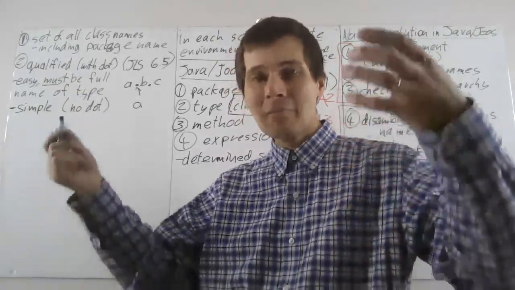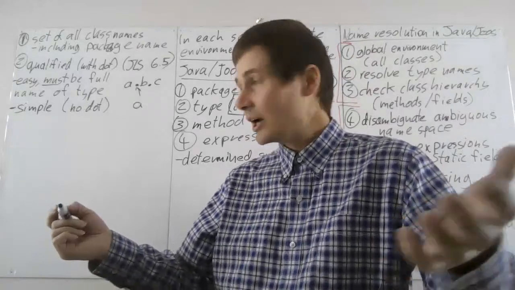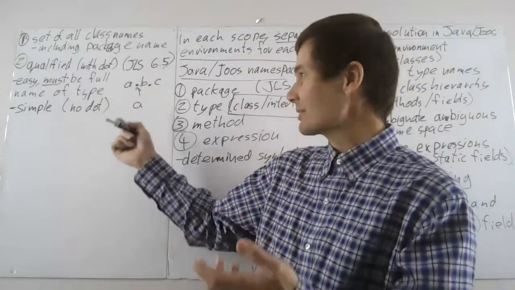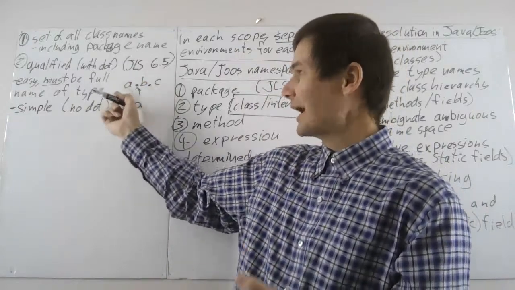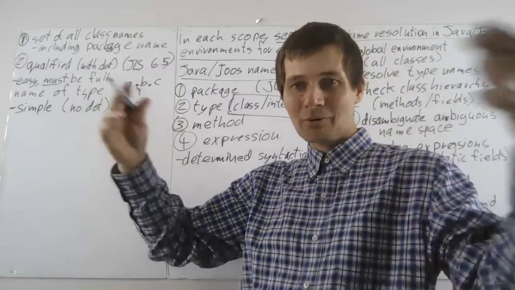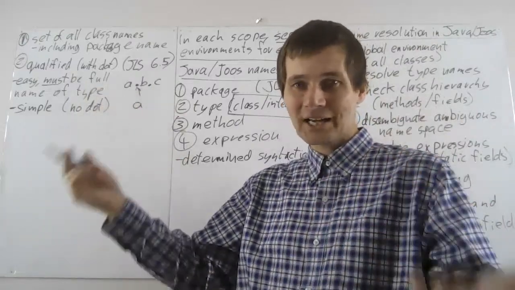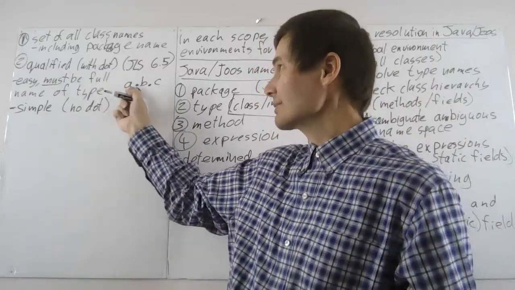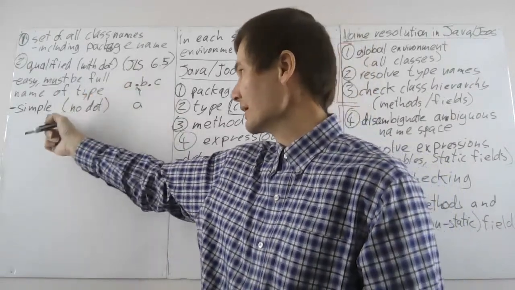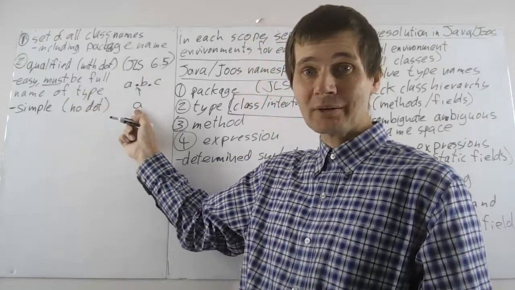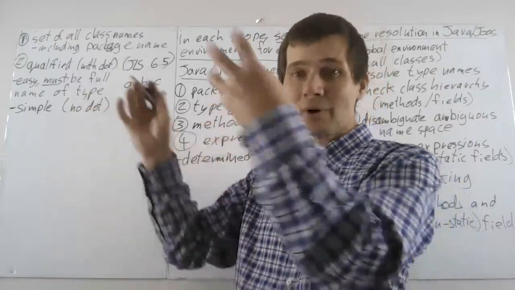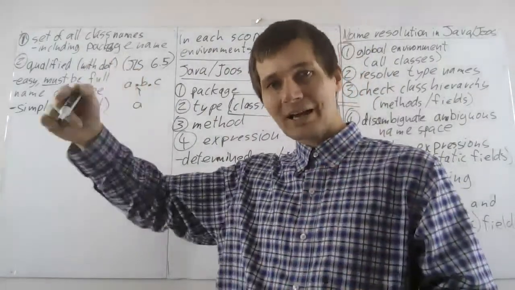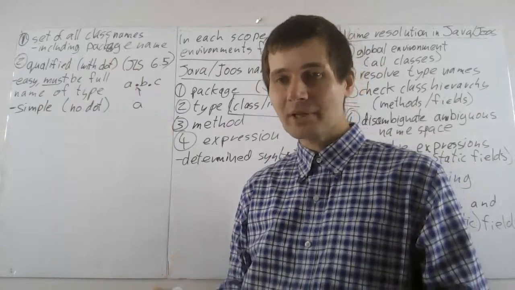If a type name has a dot in it, and it looks like let's say A.B.C, typically you would first resolve A as something, and it might be a package or a class, and you would resolve it in some complicated way, which is what we're going to do for a simple type name, and then within whatever A means, you would look for a B. And you'd have this iterated process.